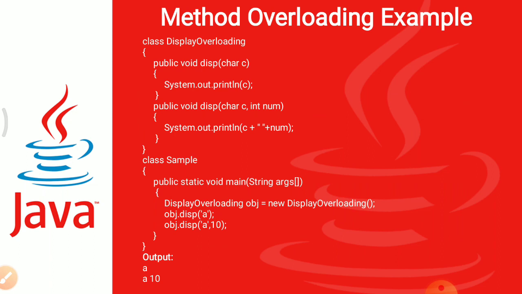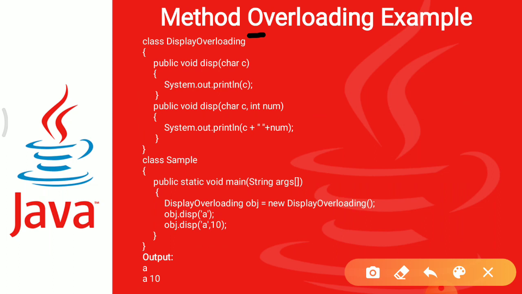The method overloading example: this is the class display overriding. We have two functions. The first is public void display with one parameter, character c, and we print it with System.out.println(c). We have the same function name but a different parameter: public void display with character c and integer num.